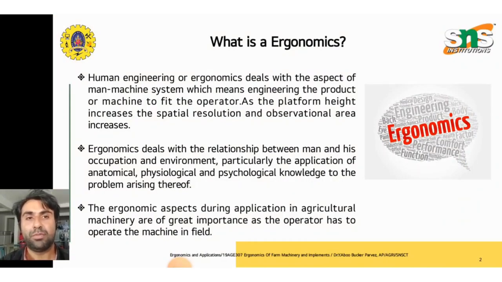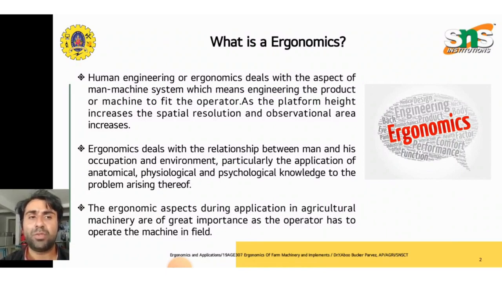So, what is ergonomics? Human engineering or ergonomics deals with the aspect of man-machine combination system, which means engineering of the product or machine in order to fit the requirement of the operator. As the platform height increases, the spectacle resolution and observational area increases.